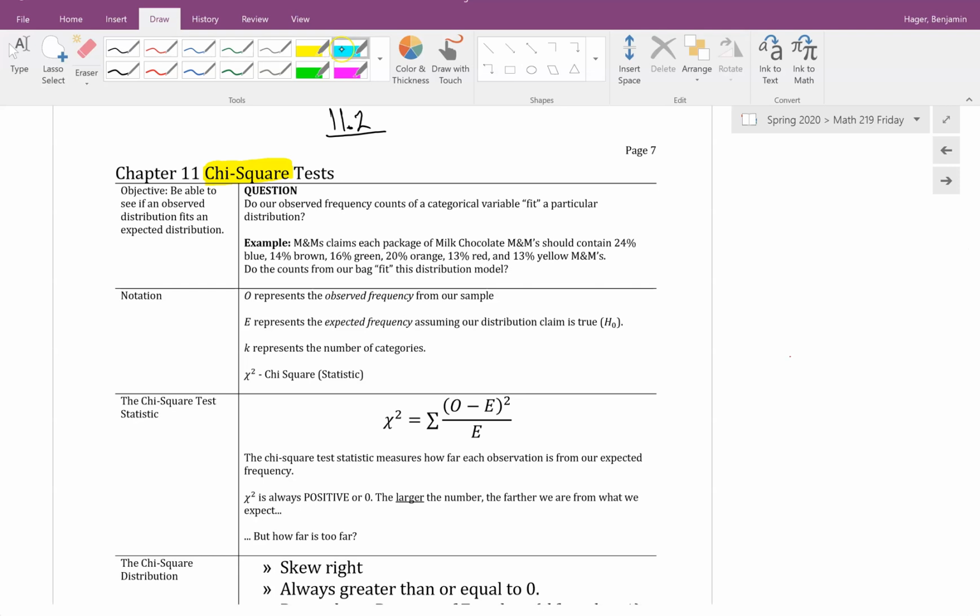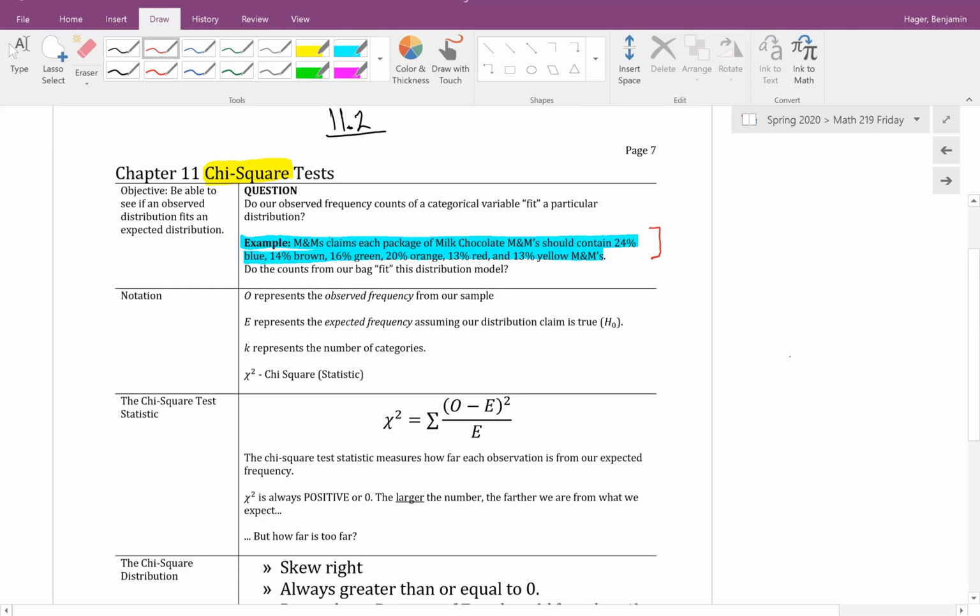Here's the scenario. M&M's claims that each package of M&M's should contain 24% blue, 14% brown, 16% green, 20% orange, 13% red, and 13% yellow M&Ms. In other words, M&M's claims that they know the spread of the colors that should be in each bag.